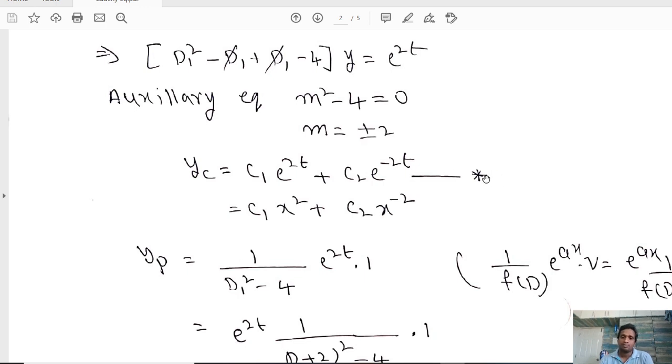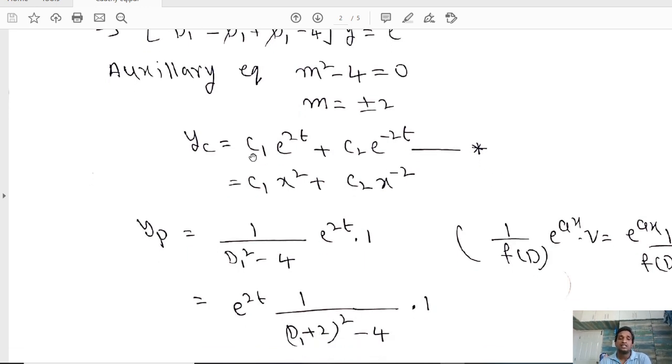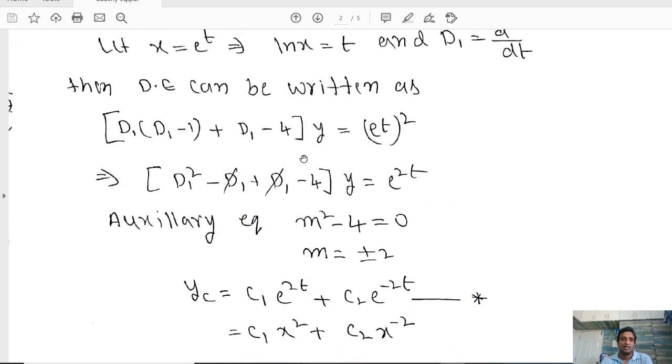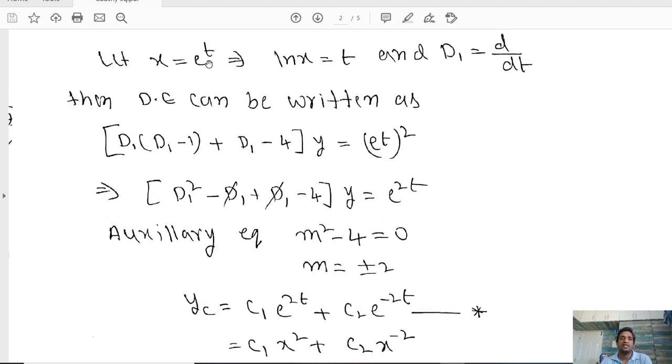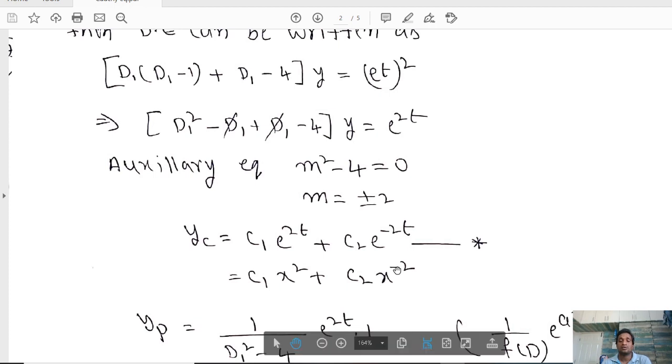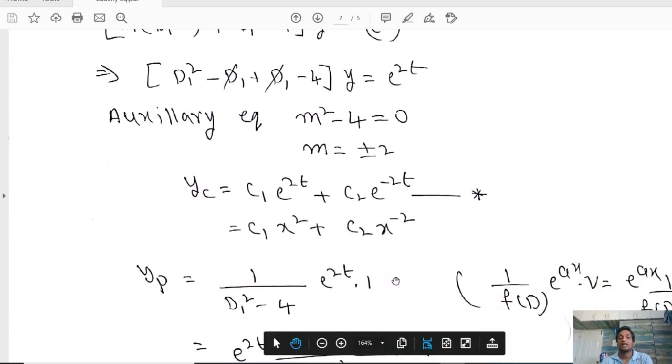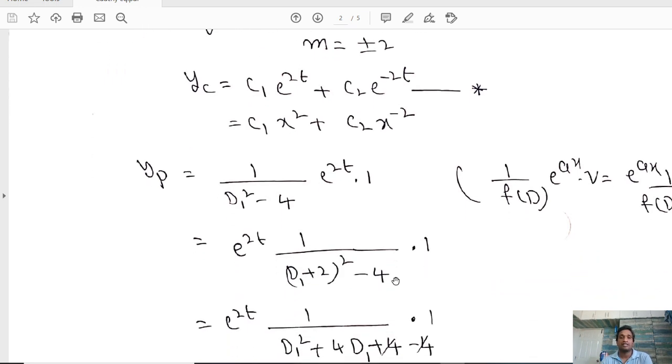Here I have made a star mark because generally students don't write the answer in terms of t only, but the question is in terms of x. So again we have to change t to x. Since x is equal to e power t, e power 2t becomes x squared and e power minus 2t becomes x power minus 2. So this is our yc.